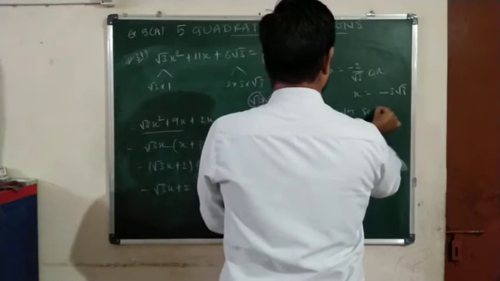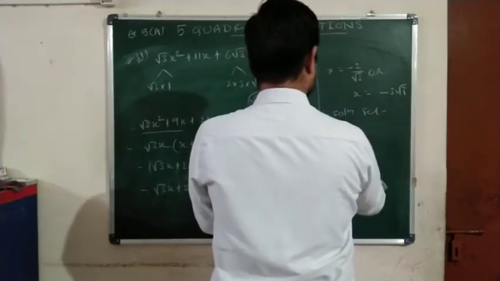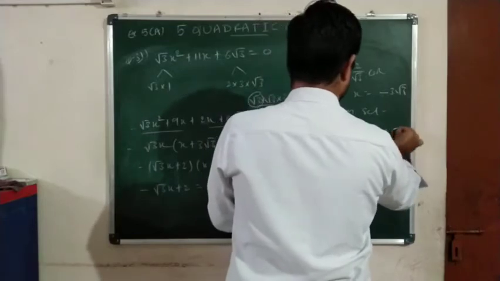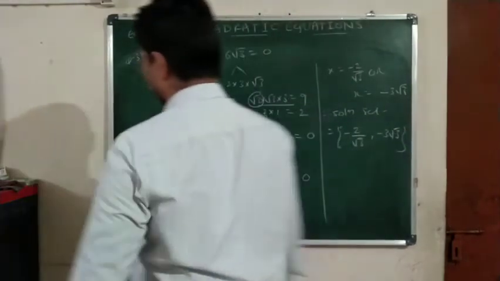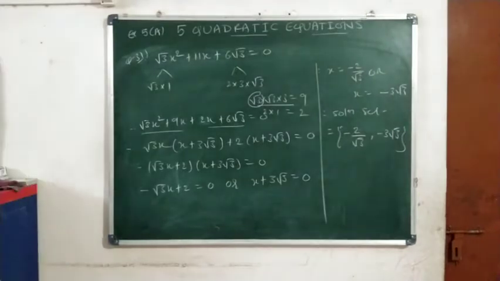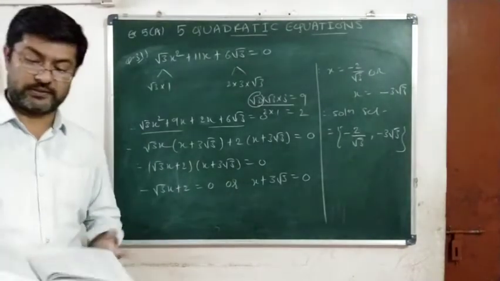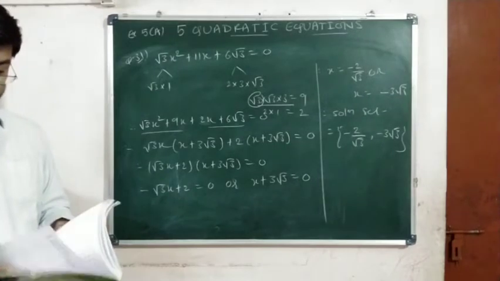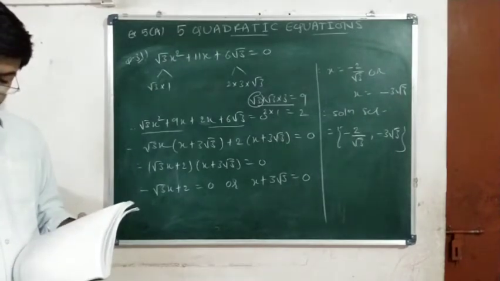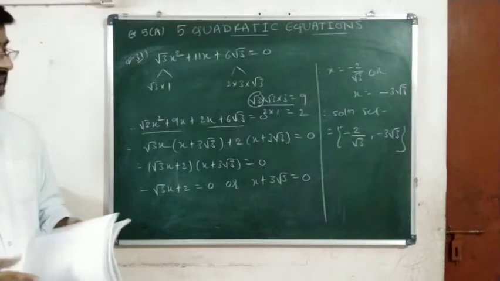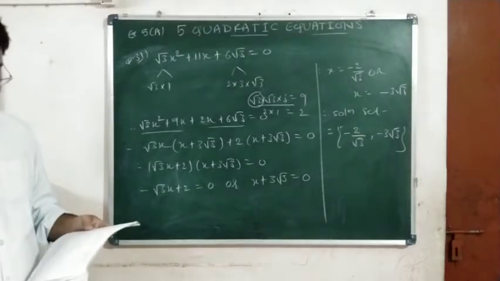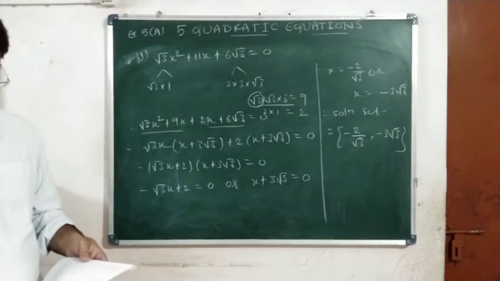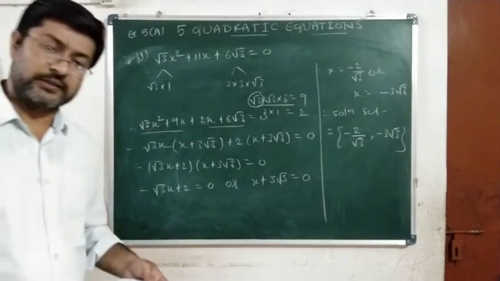Therefore the solution set is minus 2 upon root 3, comma, minus 3 root 3. This is the 31st. Similarly we can solve 32nd and 33rd also. Let us solve the 32nd number now.